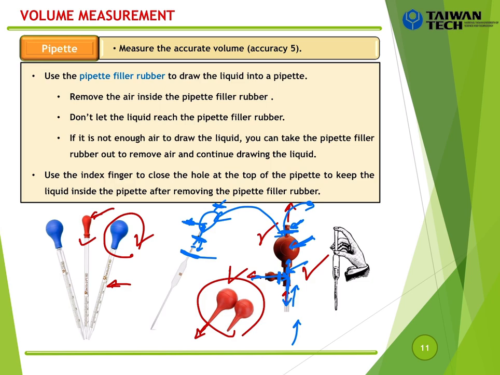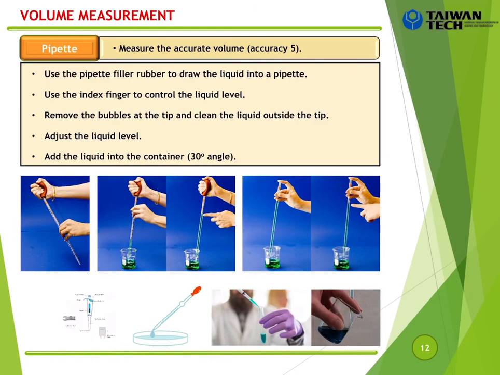Okay, and for the pipette, we have some steps like this. The first one, we will use the pipette filler to draw the liquid into the pipette. Okay, so you see, I mentioned, right? You remove air and connect to the pipette, and then the tip of the pipette you put into the container with the liquid inside, right?